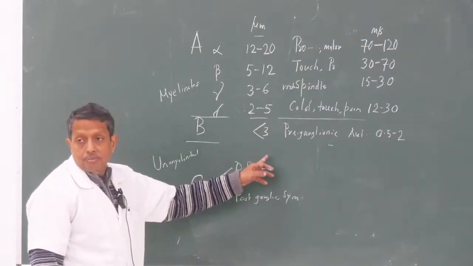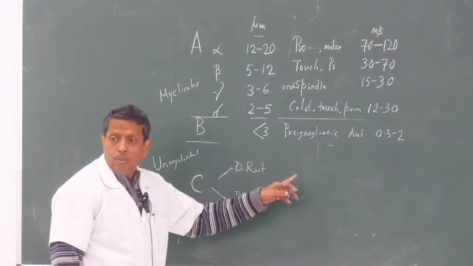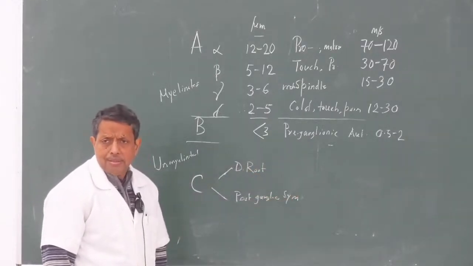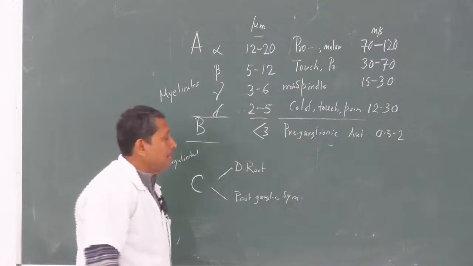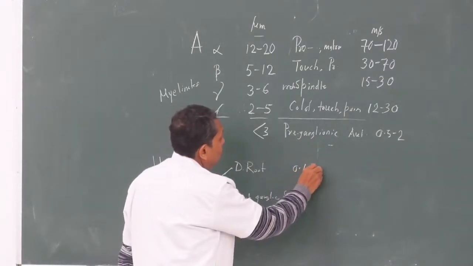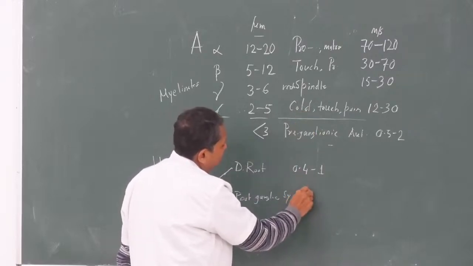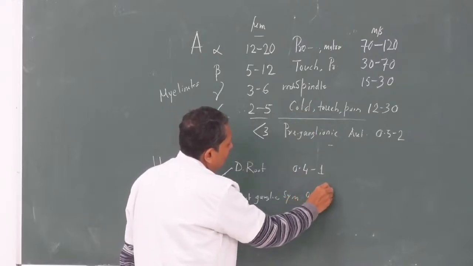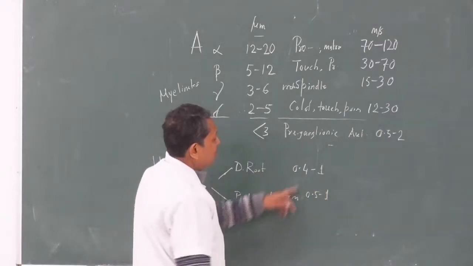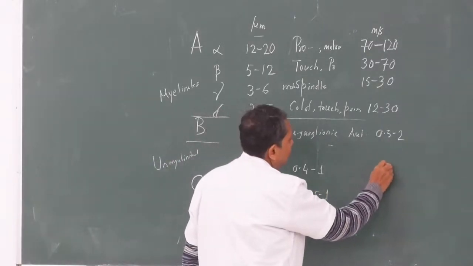These are less than 1, within 1 there is the diameter, and their conduction velocity, suppose 0.4 to 1 micrometer in diameter, and relatively the same.